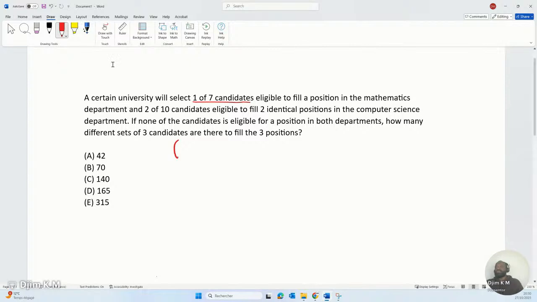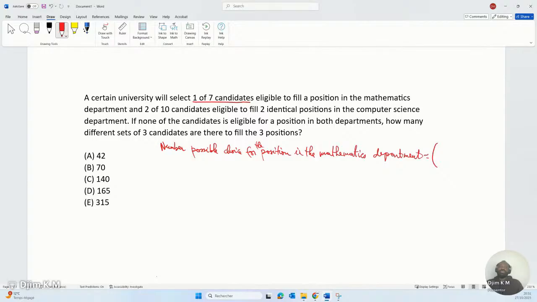So we say number of possible choices for the position in the mathematics department will be choosing one out of seven.